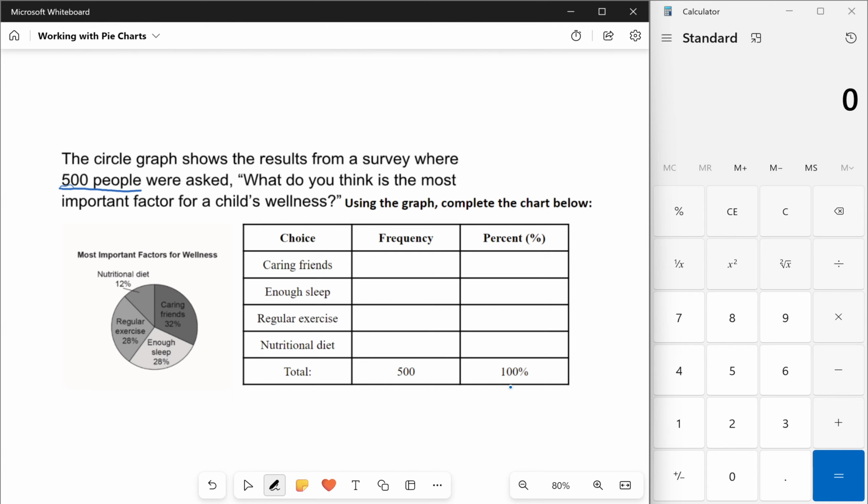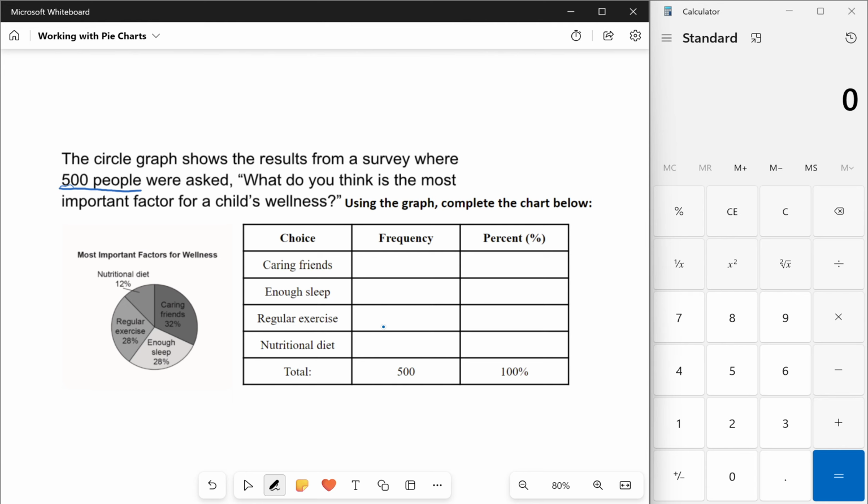You could never have 120% of people chose this. That wouldn't make any sense. 100% of people chose one of these in a survey, well, that would be all of them. That's the maximum you can possibly have. So 500 is our total number of participants, and 100% is our total percentage.